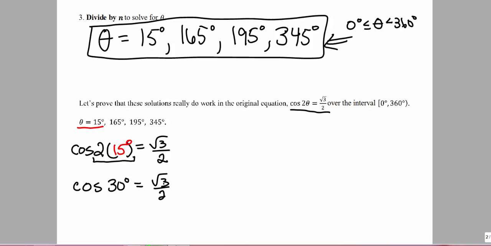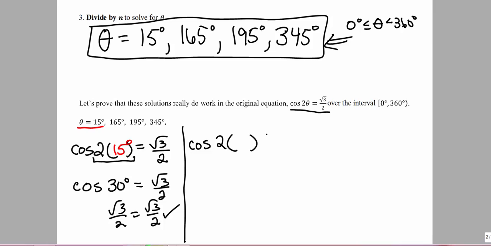Is cosine of 30 degrees positive square root of 3 over 2? And the answer is yes. So we get something that is balanced for both sides of the equation. Let's do another one. Cosine of 2 times 165 degrees.